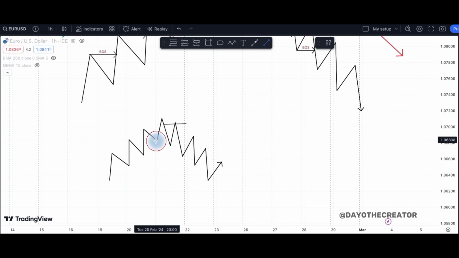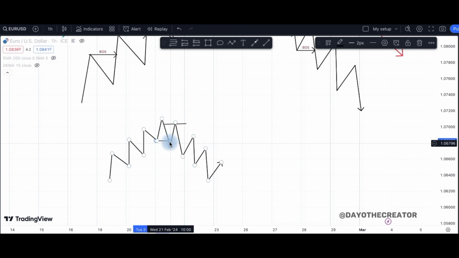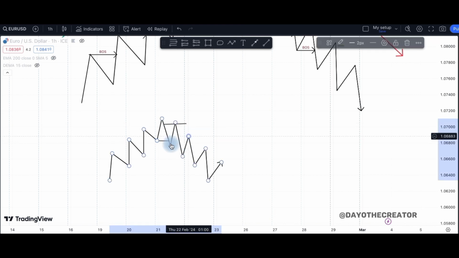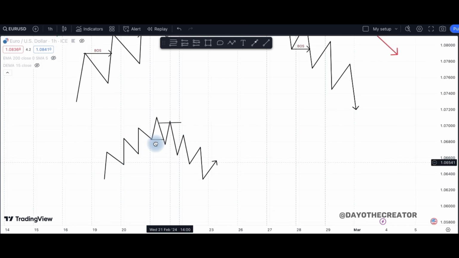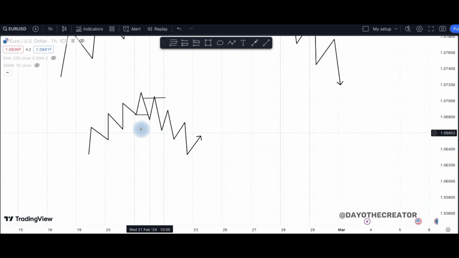So it refuses to create a new high over here, then it went down and created a new low, then still went down to create a new low, then goes up and refuses to break the previous high, rendering the market a change of character.